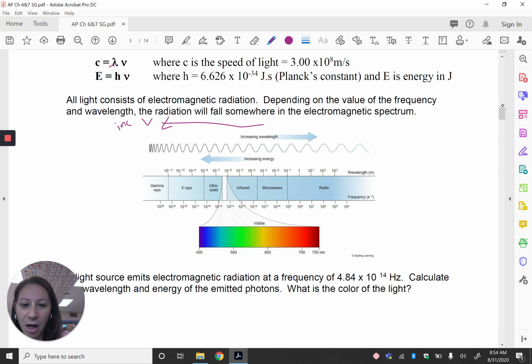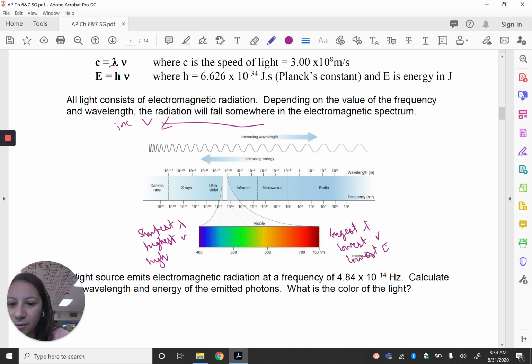So in my ROY G. BIV, the red has the longest wavelength, lowest frequency, and lowest energy. The violet has the shortest wavelength, the highest frequency, and highest energy.